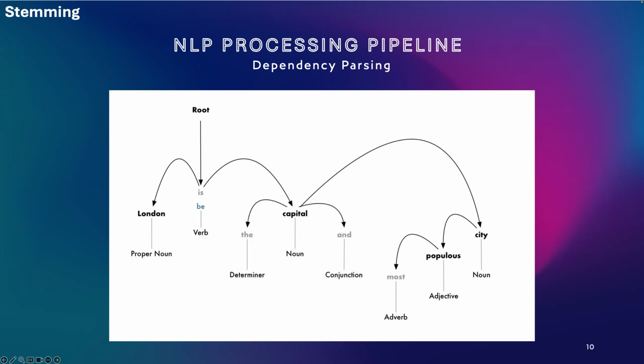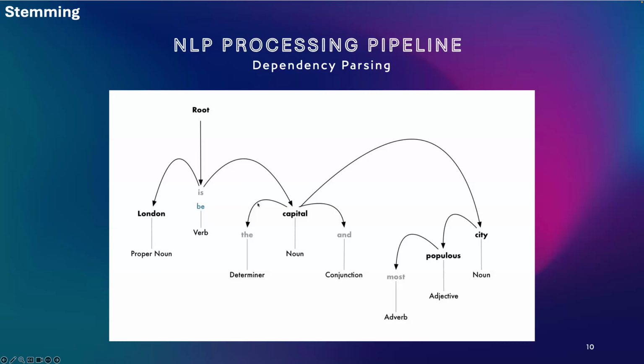But how do you interpret this, right? So in this case, we see that London has a relation with is, and then is has a relation with capital. From this knowledge, we can interpret that London is a capital.